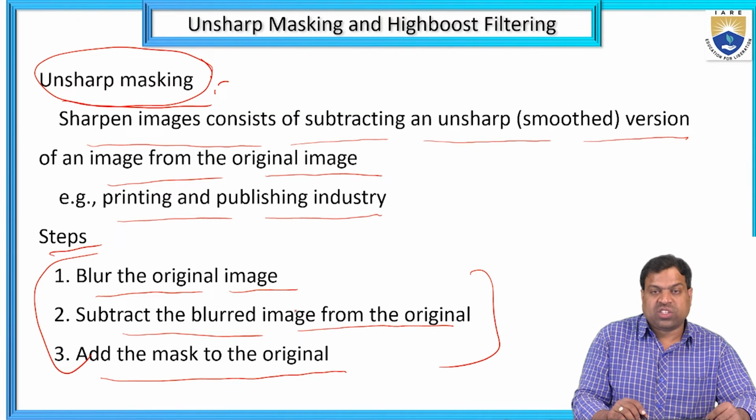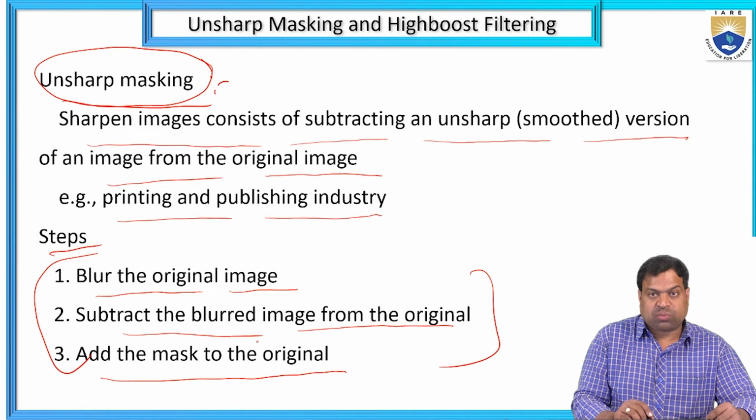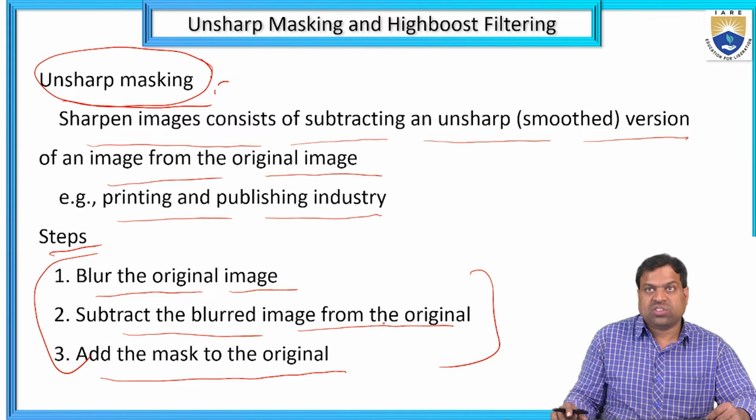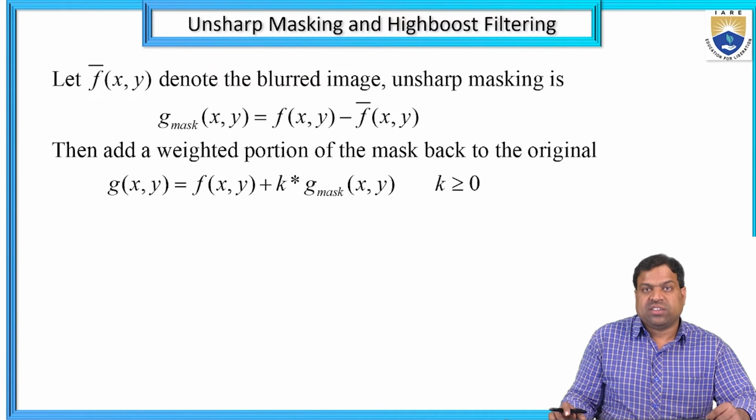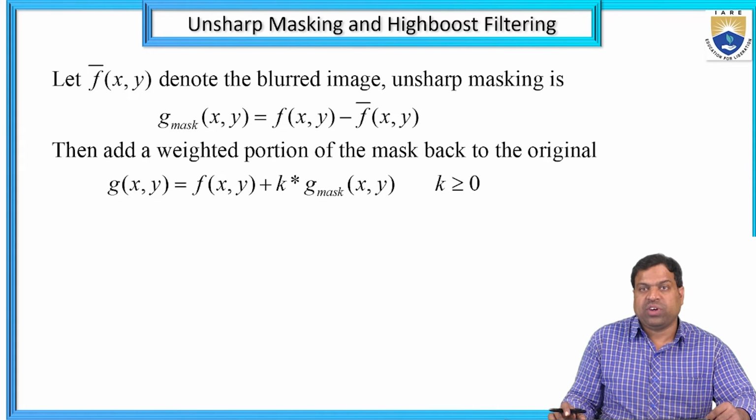We can see the steps again: blur the original image, subtract the blurred image from the original, add the mask to the original. Let f dash of x comma y denote the blurred image. Unsharp masking is g mask of x comma y equals f of x comma y minus f dash of x comma y.